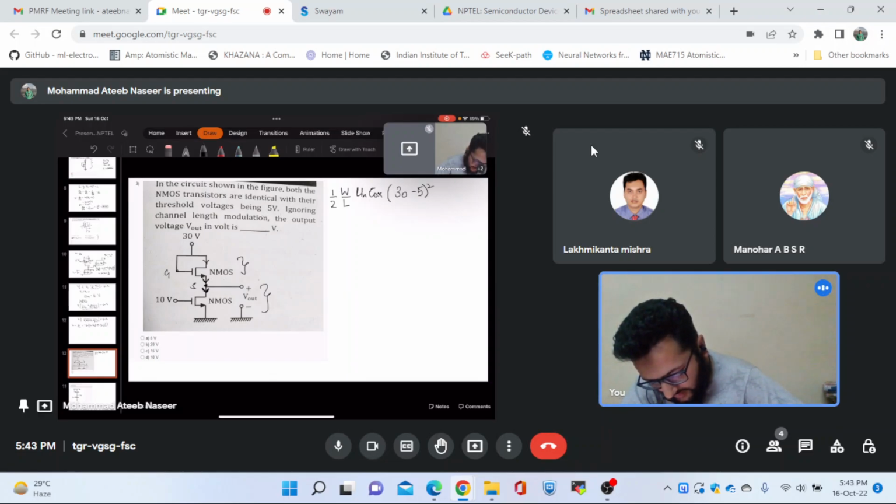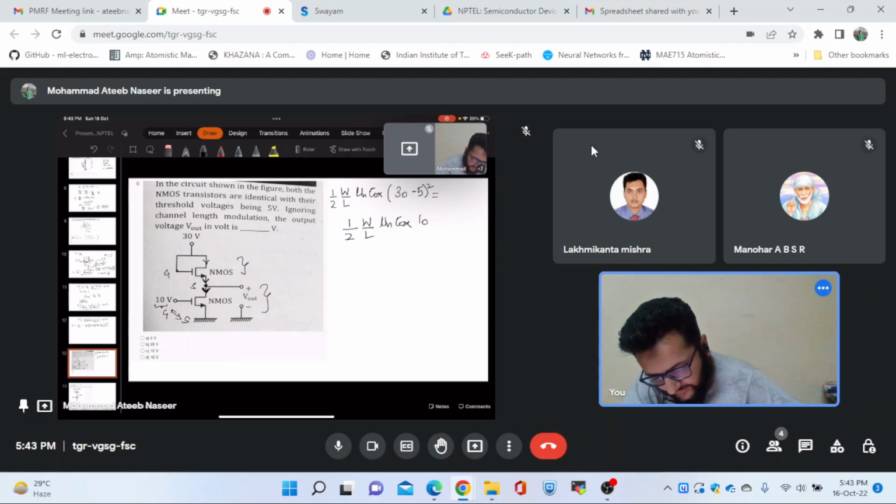And this current has to be equal to the current which is moving in this terminal. So it has to be equal to 1 by 2 W by L mu n Cox. Now VG, this is the gate, this is the source, so this VGS is simply equal to 10 volts.